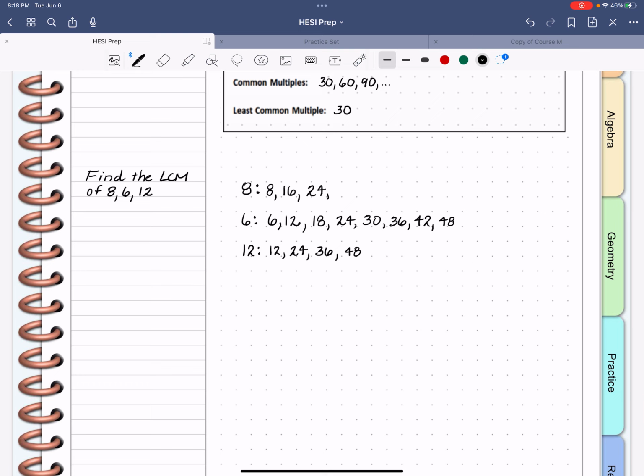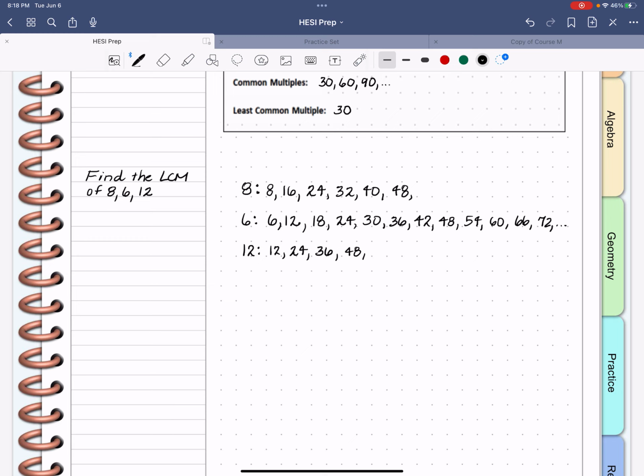It also works with the 8 if we count up. Remember, these are consecutive. We don't want to skip anything. There it is. Let me go just a little bit further. 54, 60, 66, 72, and I've run out of room, so we'll stop there.